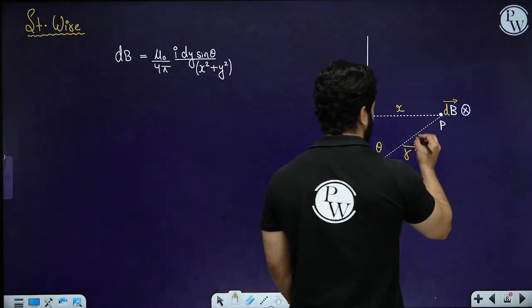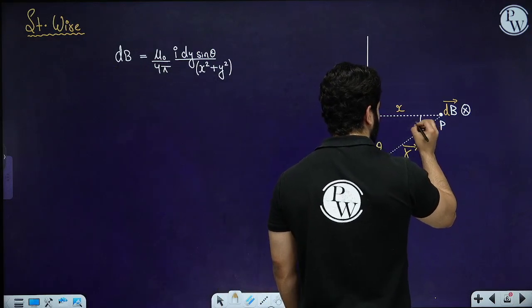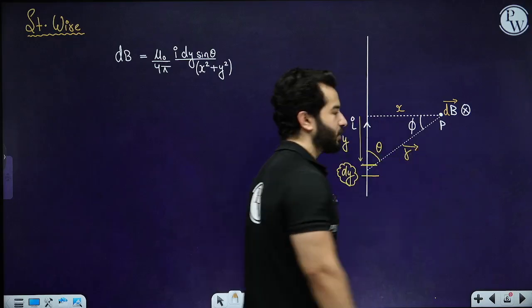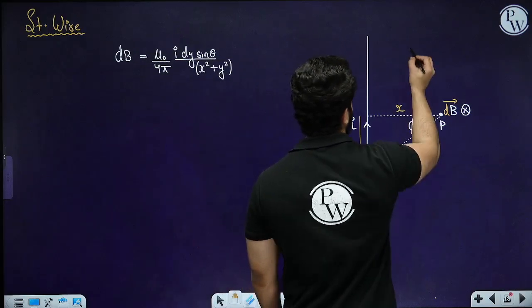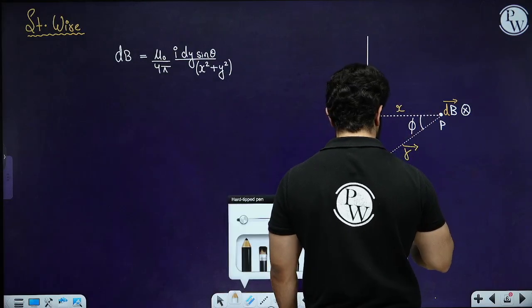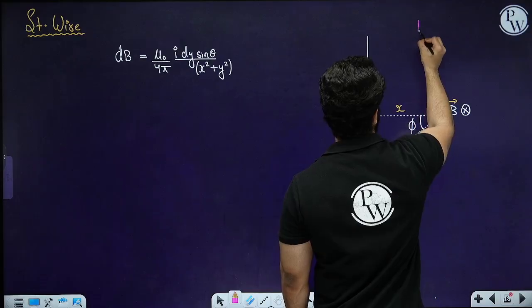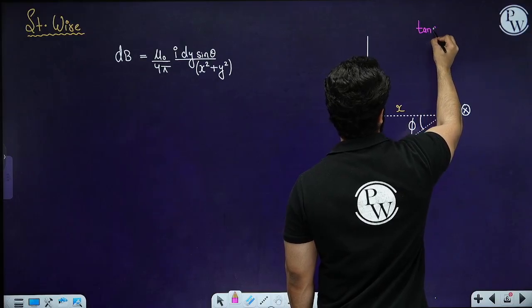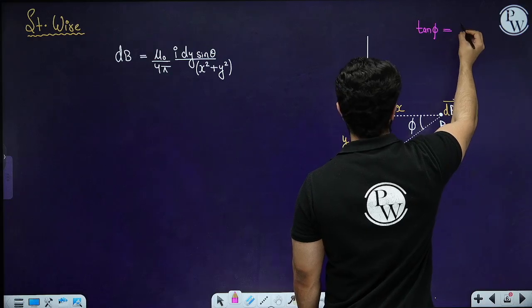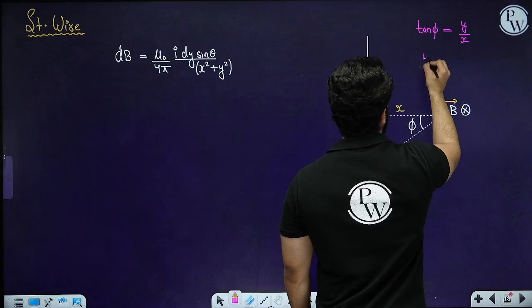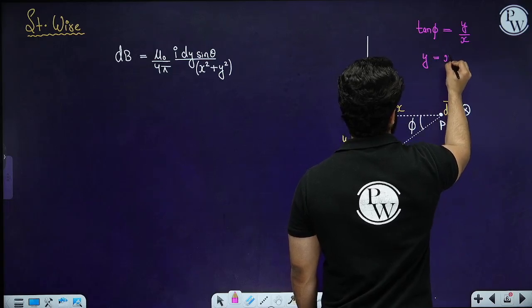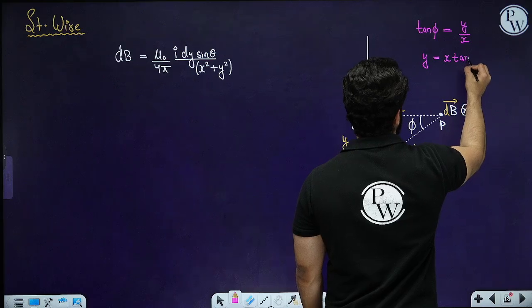Acha, tell me one more thing. If I say what this angle is going to be, you can say, sir, this angle is going to be just phi. Also we can write one thing, there's going to be a slight manipulation over here. Tan phi can be written as perpendicular upon base, that is y upon x, or y can be written as x into tan phi.